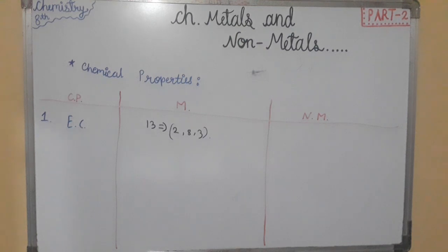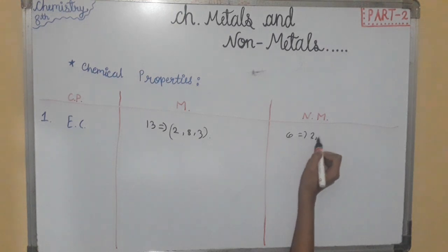Example, carbon. Atomic number is 6, that is 2, 4. It has 4 electrons in its valence shell. The exception is hydrogen, as it has only 1 electron in its valence shell.